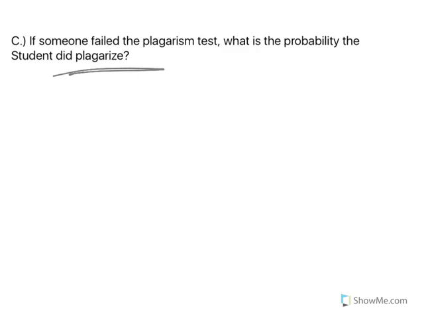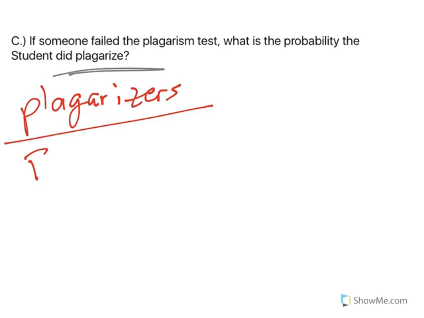I don't know why I put not in there. Sorry about that. So if you failed the plagiarism test, that means that they're calling you a plagiarizer, a cheater. What's the probability that you actually are a cheater? So we are looking for the plagiarizers over tested positive. Because if you failed the plagiarism test, that means you tested positive for cheating.